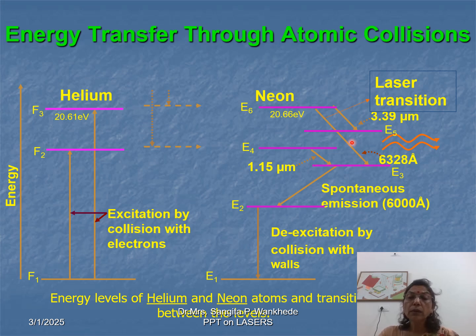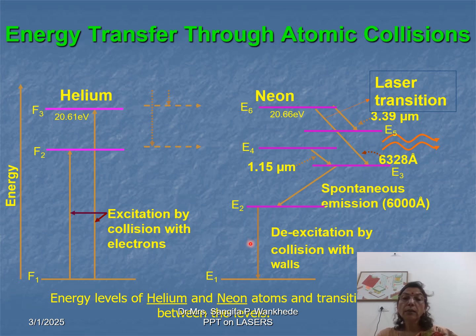Then after the lasing transition, these atoms come to the E2 level. The E2 level is again a metastable state. For continuous operation, atoms should be available continuously in the ground state, so these atoms are to be brought to the E1 level quickly.